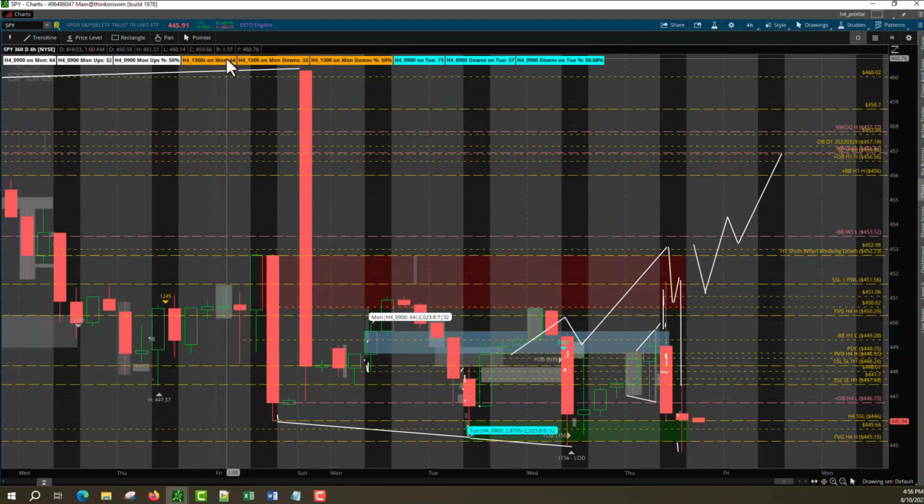And on Monday, the next candle at 13 hour is up 60, and then down 32%.